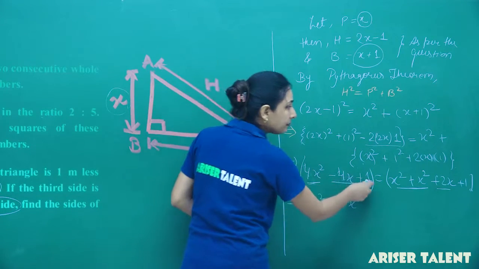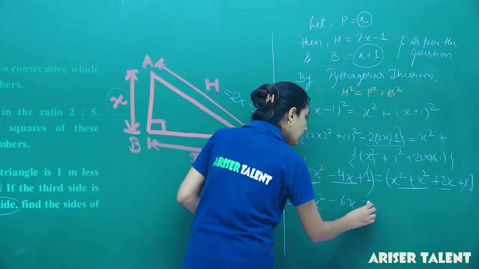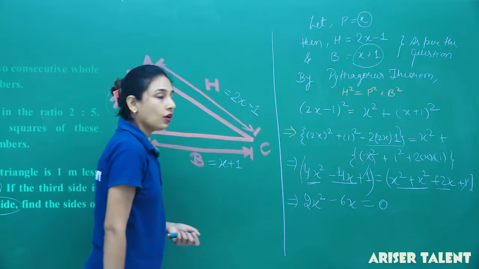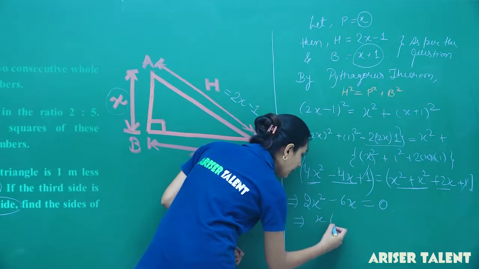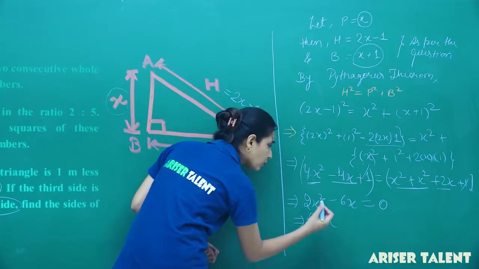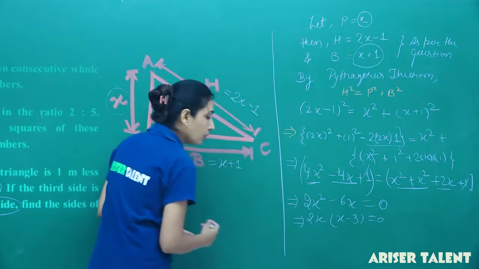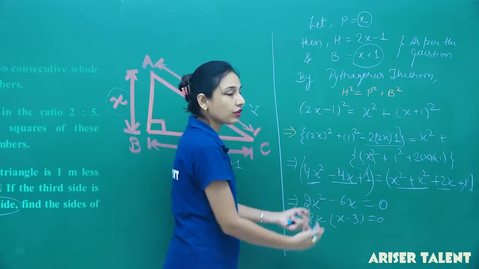Now this is 1 and this is 1, so I can cut them. Equals to 0. So I'll take 3x common: 3x times x minus 2 equals 0.